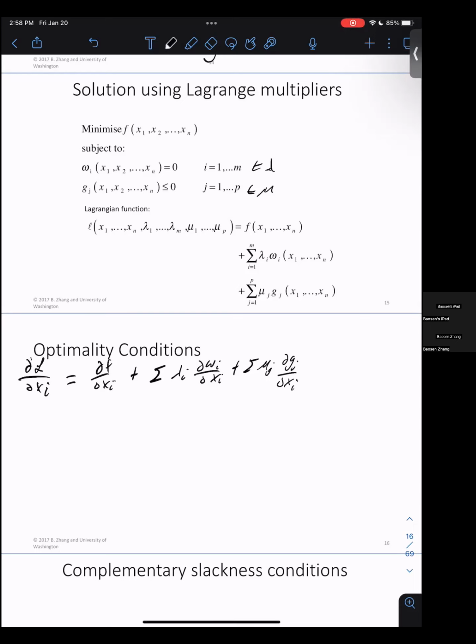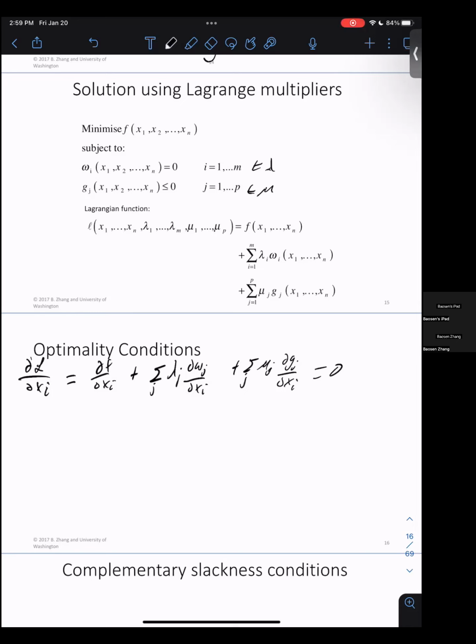One condition is still the first order condition, same as before. When I take a derivative, I need the derivative with respect to x to be equal to 0. This is one condition I need to be true.